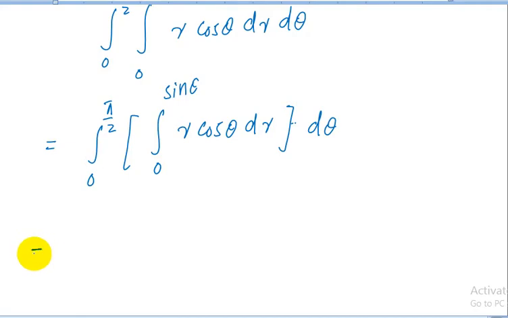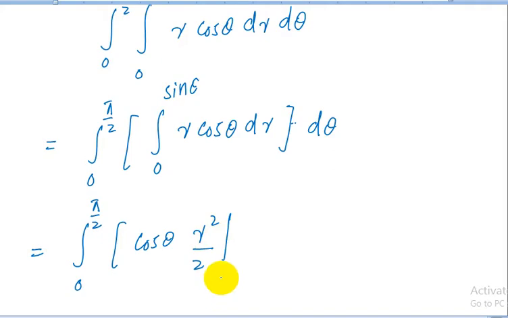This can be written as integration 0 to pi by 2. Now we have to integrate with respect to r, so cos of theta is a constant term here, so it can be written as cos theta, and then integration of dr becomes r, and the limit of r is from 0 to sine theta, d theta.